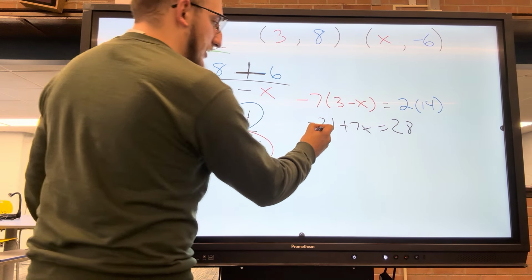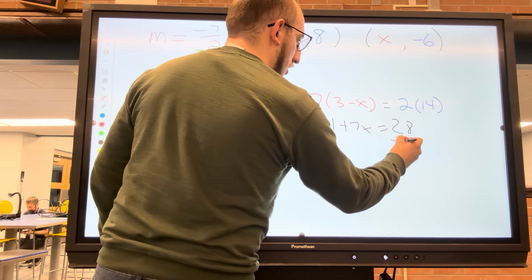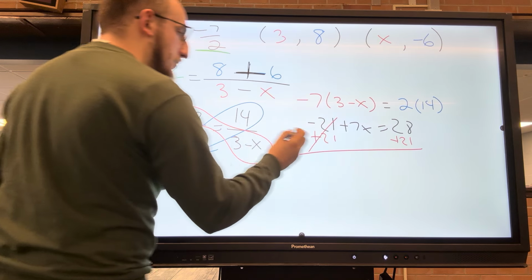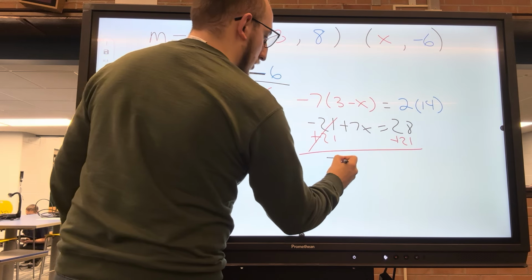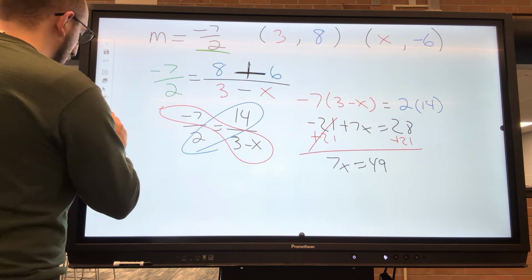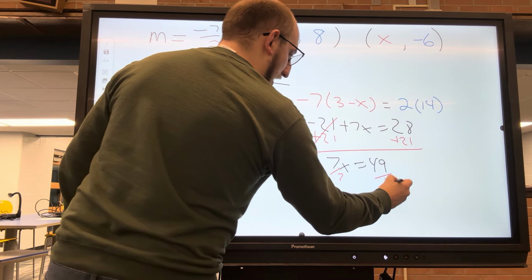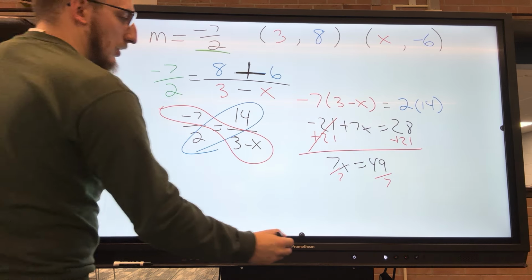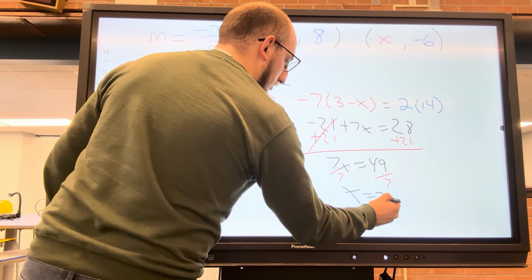And then we just solve a 2-step equation. Add 21, add 21. We get 7x equals 49. Divide by 7, divide by 7. We get x equals 7.